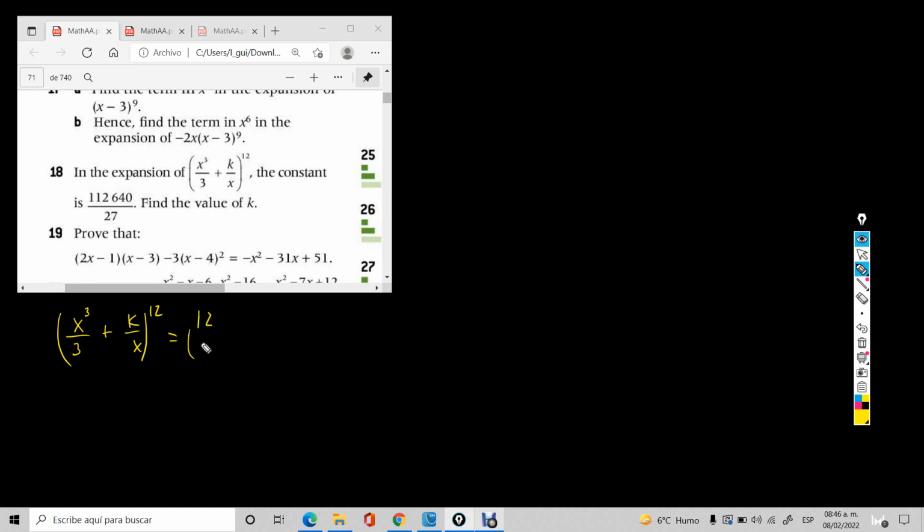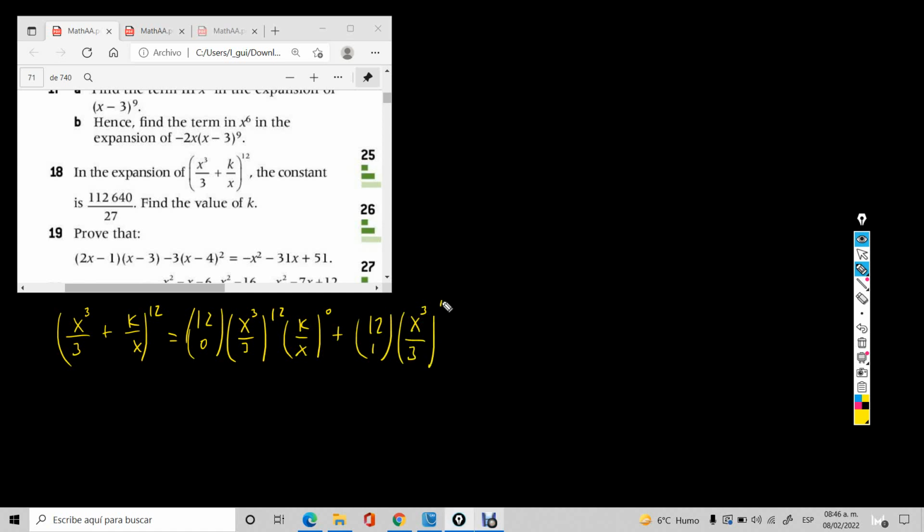So we're going to have 12 choose 0 times x to the cube to the 12 times k over x to the 0, plus 12 choose 1.